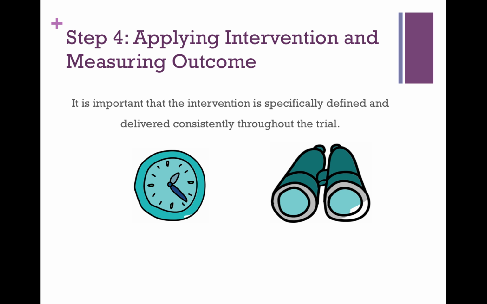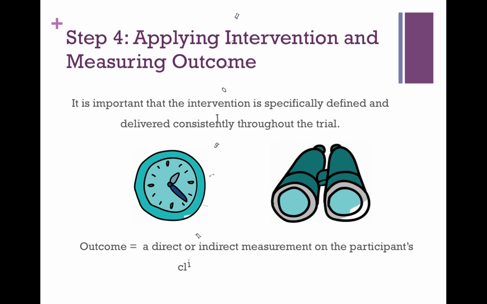To record the effectiveness of the intervention, an outcome, that is, a direct or indirect measurement of the participant's clinical or functional status, is documented. The outcome measurements will observe the difference between the experimental and control group in relation to those who received the intervention and those who did not.